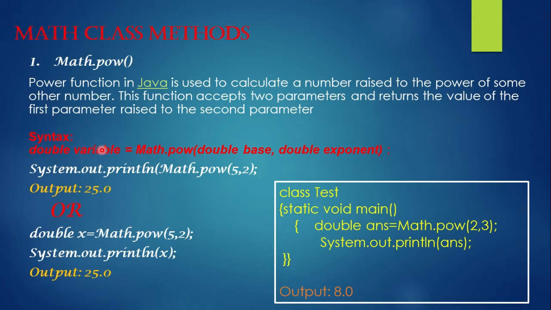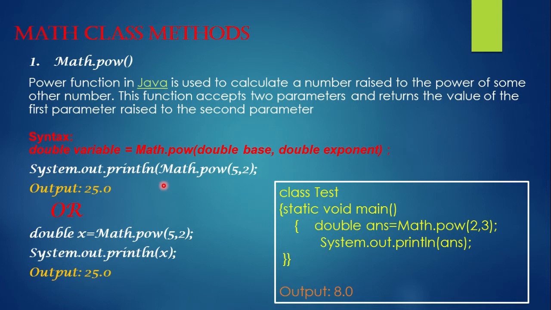That is the meaning of this. So a double type variable has to be declared here, is equal to math.pow. This is the function, this is the first argument, and this is the second argument. This is the syntax. Now let us see the example.